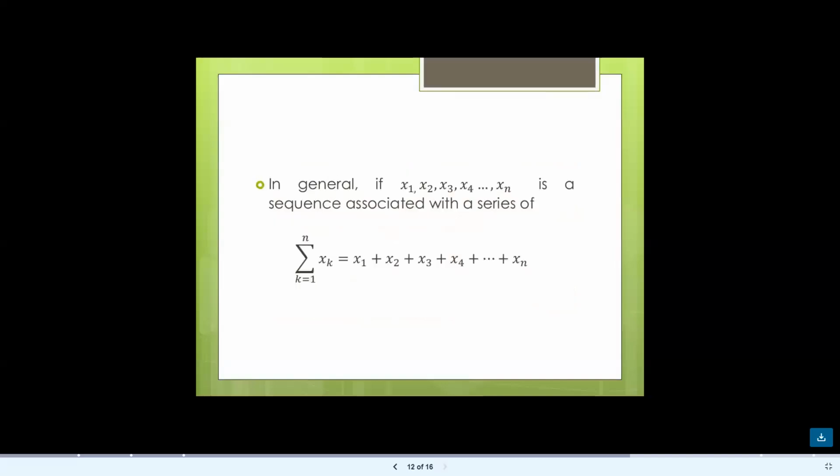So these are some examples. If you have a set of numbers, a sequence, and you want to write it using the summation notation, notice a little difference here. They're using x subscript k, k equal to 1 right up to k equal n.